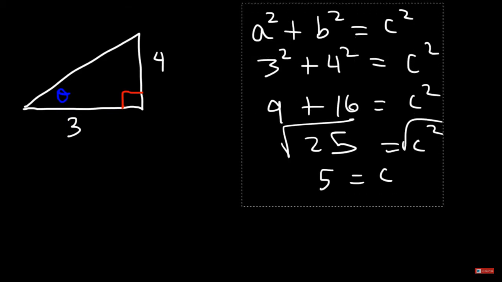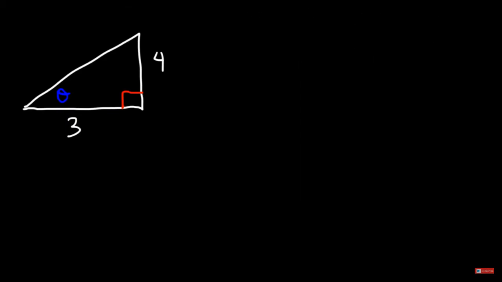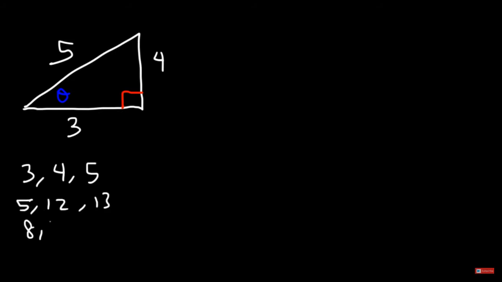Now it turns out that there are some special numbers. There's the 3, 4, 5 right triangle, the 5, 12, 13 right triangle, the 8, 15, 17 right triangle, and the 7, 24, 25 right triangle. And any whole number multiples of these numbers will also work.